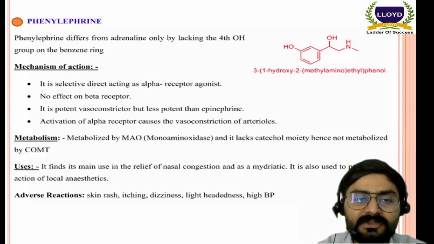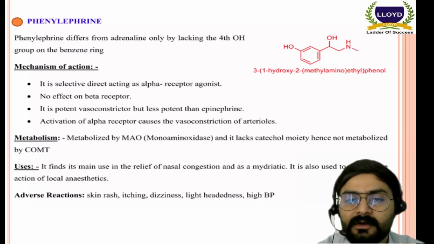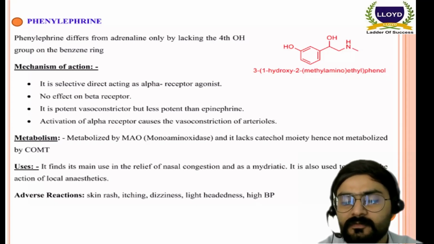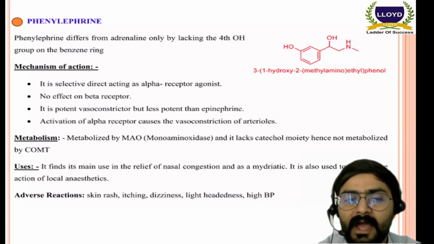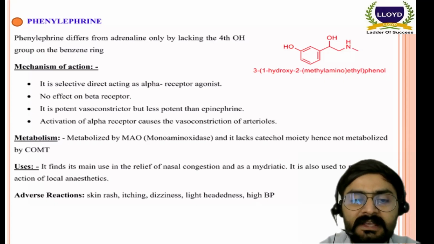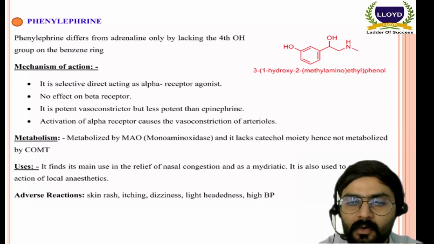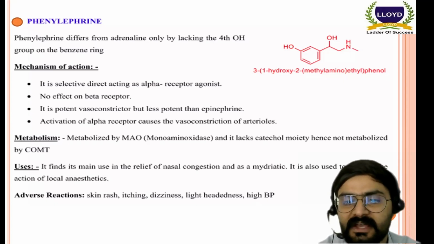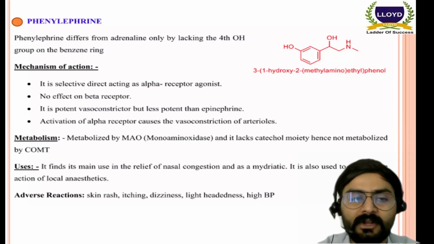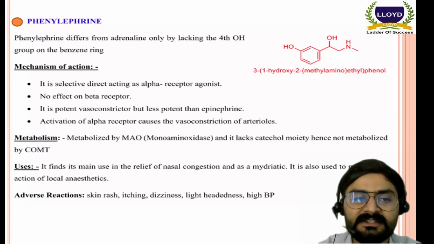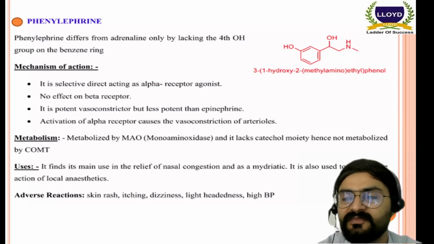It activates the alpha receptor, causing vasoconstriction of the arterioles. So primarily it is used in nasal decongestion. It is metabolized by MAO, that is monoamine oxidase enzyme, and it lacks the catechol moiety, hence not metabolized by COMT, that is catechol O-methyltransferase enzyme.